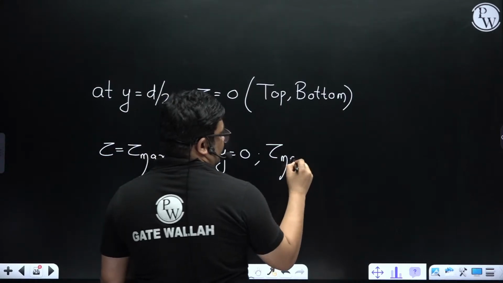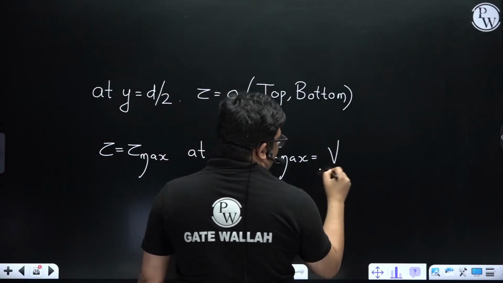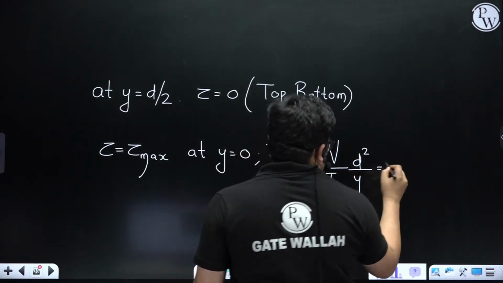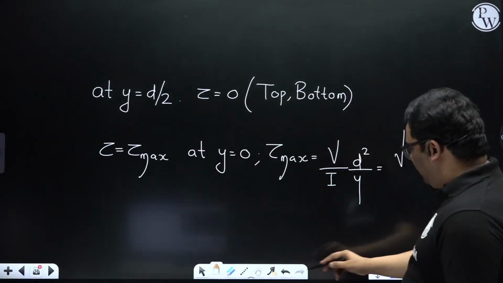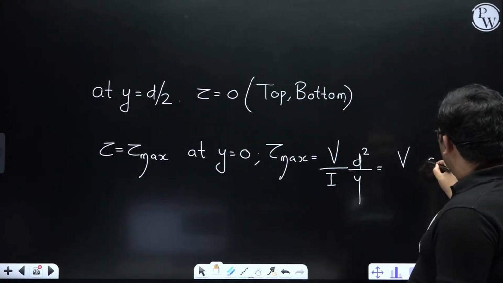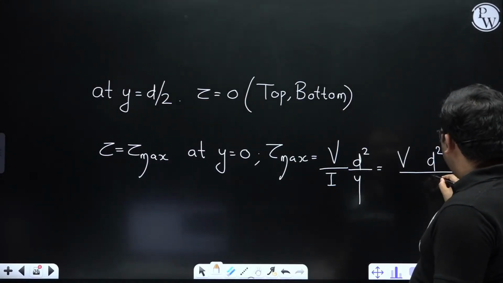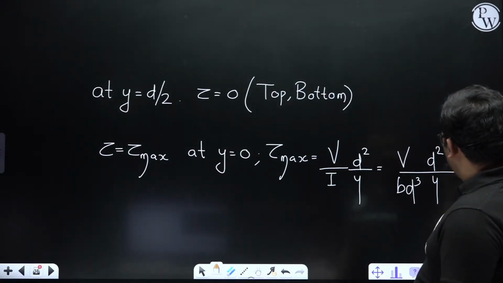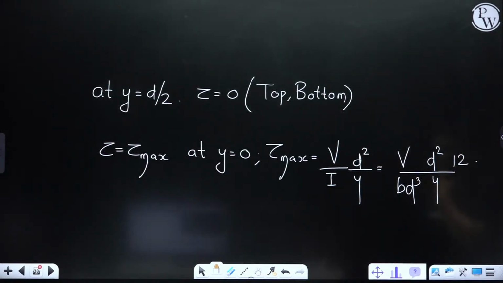So maximum shear stress is V by I, then d square by 4. Now what is I? I is b d cube by 12, isn't it?